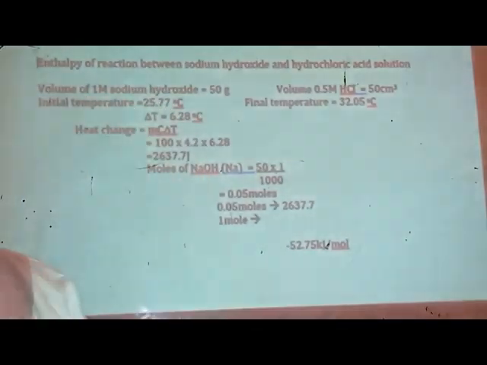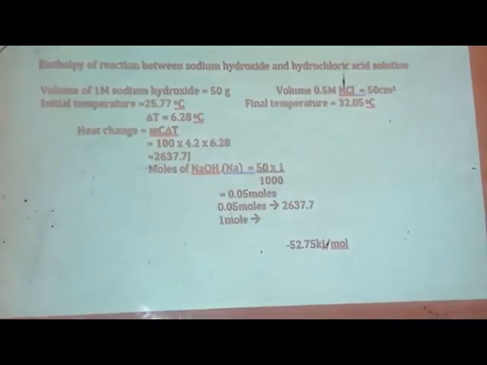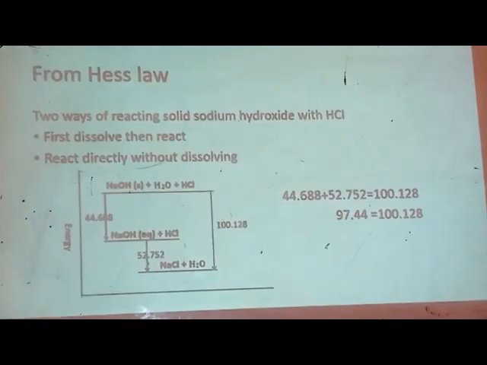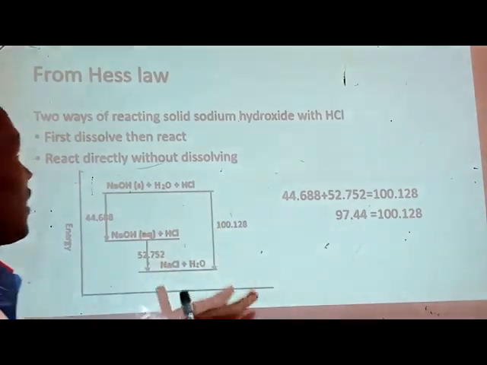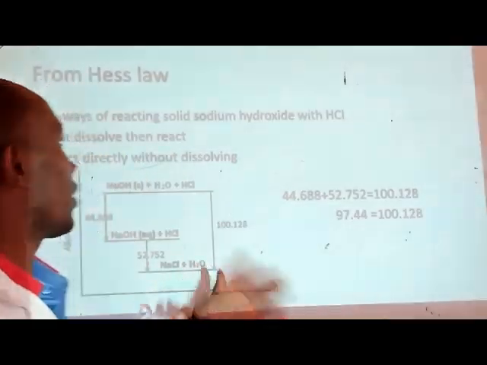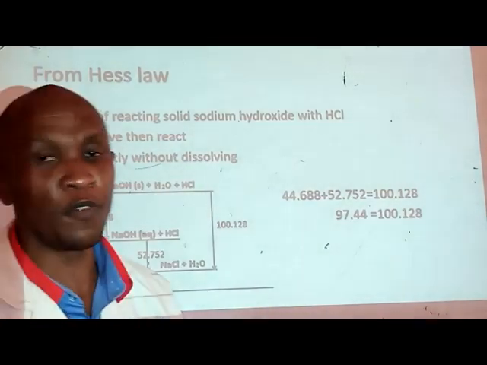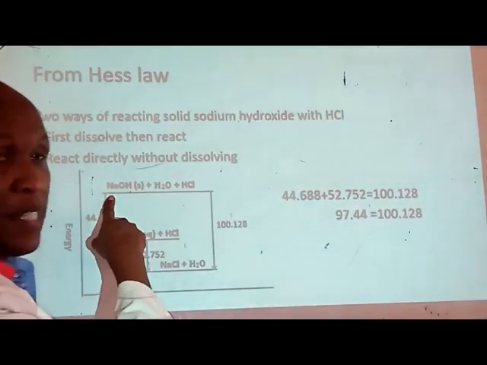And let us now apply Hess's law. From Hess's law, where we started from, we said there are two ways of reacting sodium hydroxide and hydrochloric acid. Number one, you can first dissolve the sodium hydroxide in water, then react. That's what I have represented here.